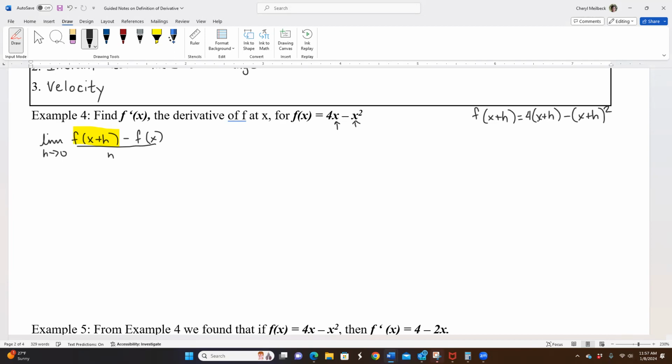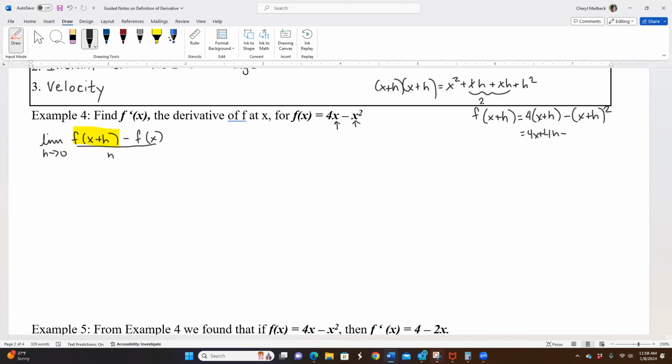So now we just accomplish this algebra. We'll distribute the 4 and get 4x plus 4h. Then, reminding you back here, when we square x plus h, that means we're squaring the binomial. So we distribute the x twice and get x squared plus xh. Then we distribute the h and get xh plus h squared.